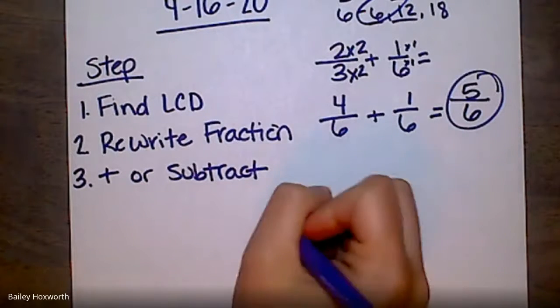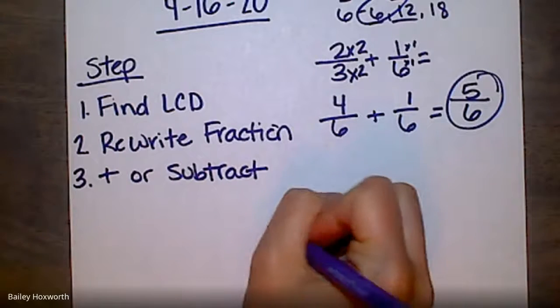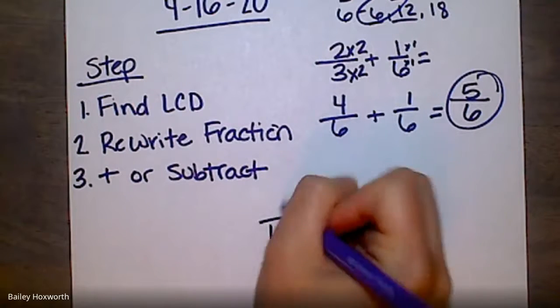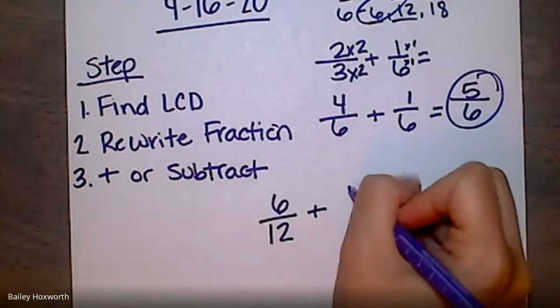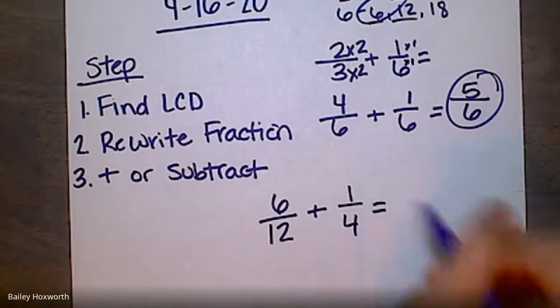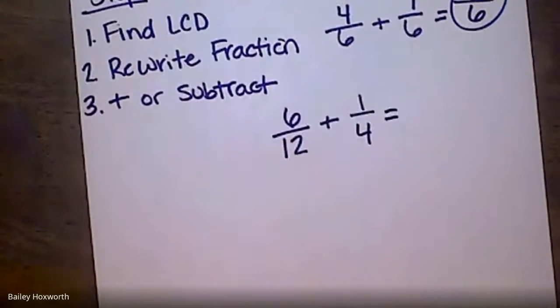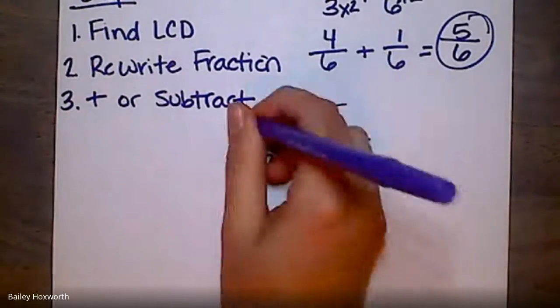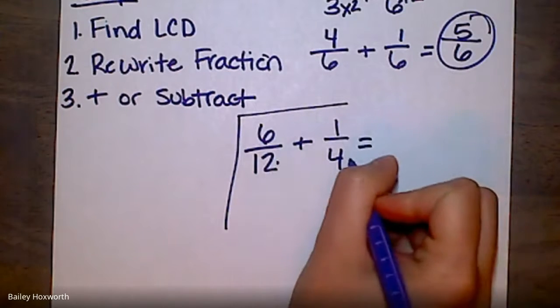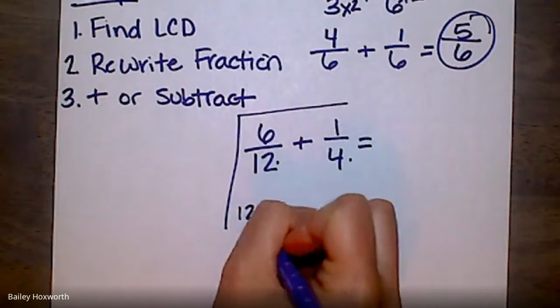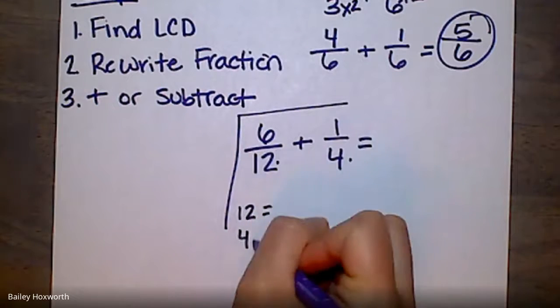Let's do 6/12 plus 1/4 equals. So here's my second one we're going to do together. First step, find LCD. So rewrite your multiples for your denominator. I have 12 and 4.